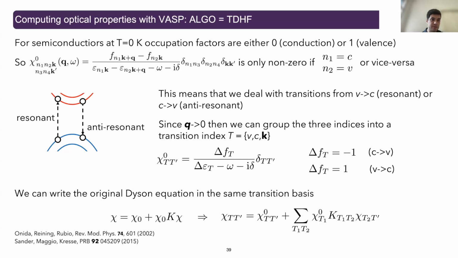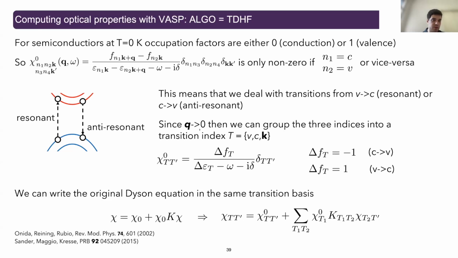So chi naught will in fact only be nonzero if the index n1 is C and index n2 is V, or vice versa, which means that you cannot have both in a conduction state and both in a valence state. The consequence is that we will be studying transitions from valence to conduction, which we call resonant, or conduction to valence, which we call anti-resonant.